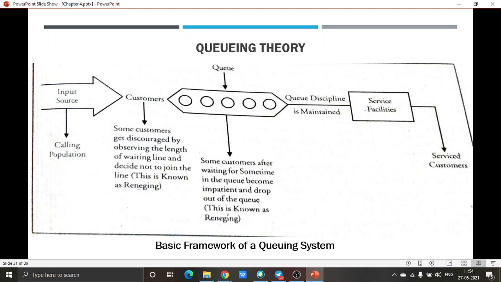And the one assumption which is not at all true is that the queue is disciplined, and the philosophy is first come, first serve. Now there is very much ambiguity with this particular sentence. The next one is that the rate of service is greater than the rate of arrival of the customers.